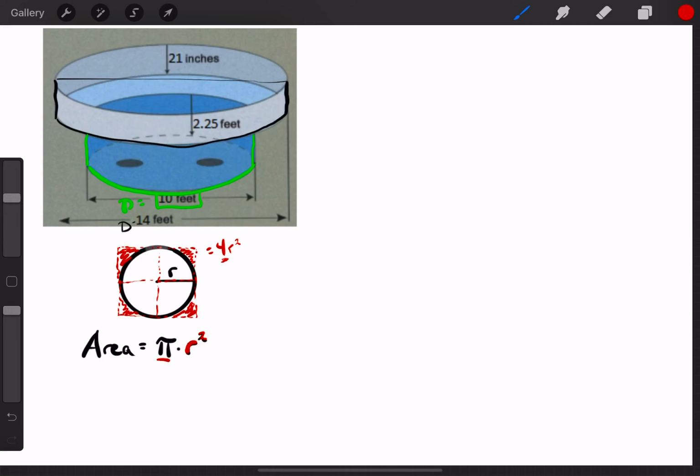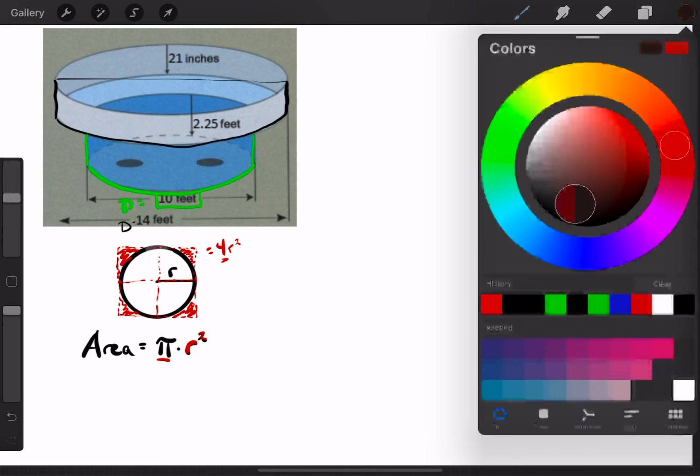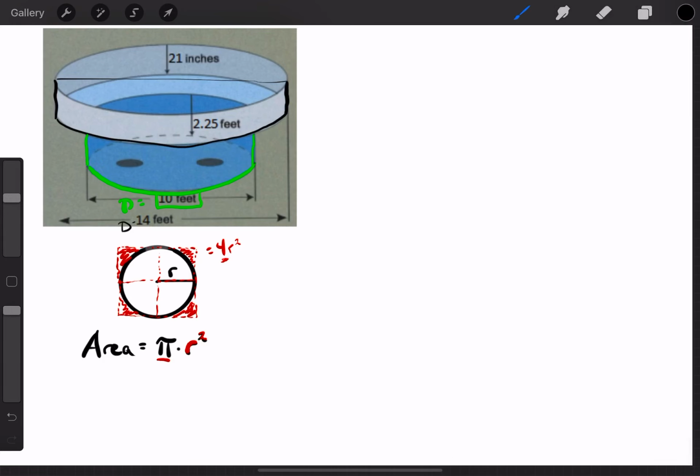And the only difference for the volume, the volume formula is going to be extremely similar. It's going to start out exactly the same way, pi r squared, because we really still have this circle. It's just that we are now pushing it down through another dimension.